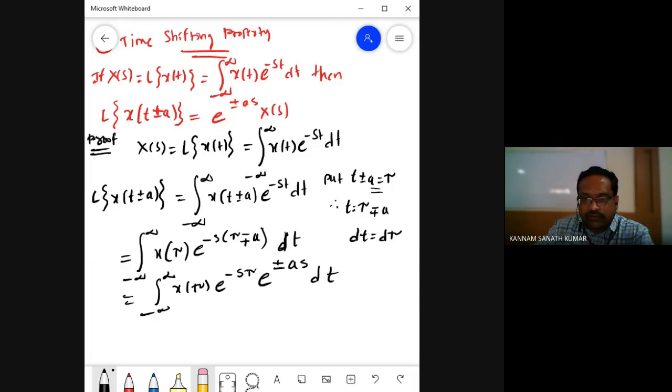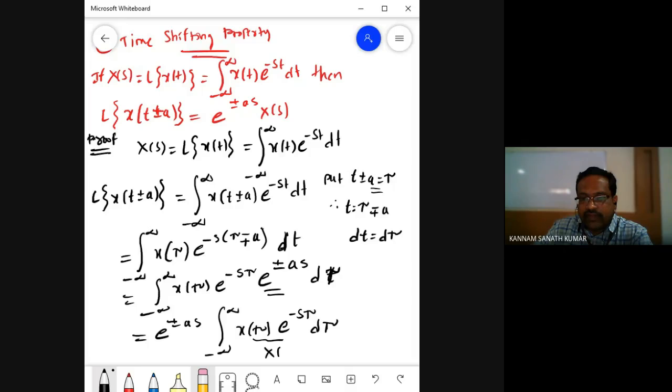So dt equals d tau. Now this is constant, so you can bring it outside: e power plus or minus as times the integration from minus infinity to infinity of x of tau into e power minus s tau into d tau. This is in terms of tau, so you can write it as X of s.